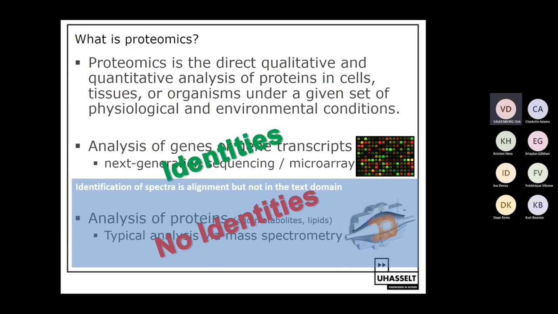For people who have experience in bioinformatics, I can already give a heads up here. The algorithms that we will use for protein identification are more or less similar to the algorithms we use for alignment.